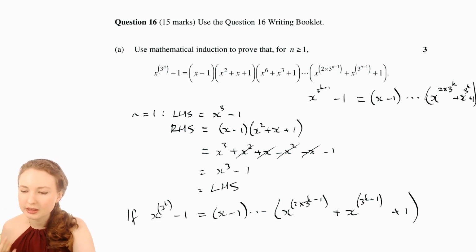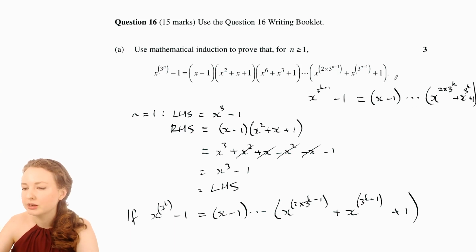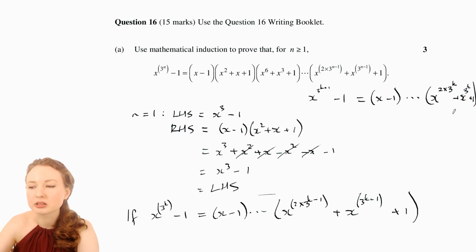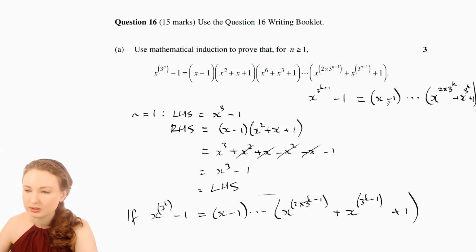So the way that I did it was that I just figured this is just that, but multiplied by this extra bit. We just sort of tack that on to the end. So what we could do is just multiply both sides of this equation by that.